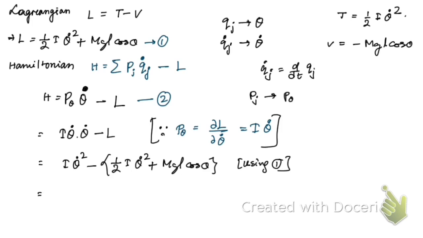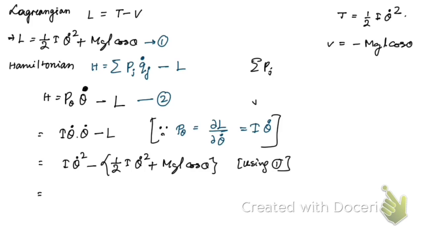So let me write p theta here. Just wait, let me clean these things. What we have done here is replaced the summation of p_j and q_j dot by p theta theta dot. Hope you have understood this.